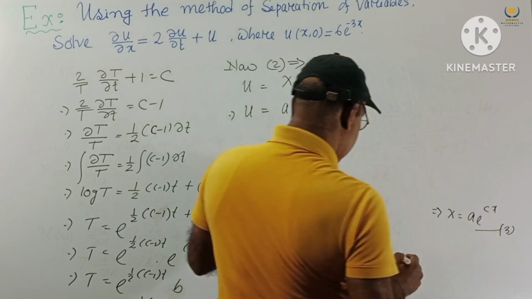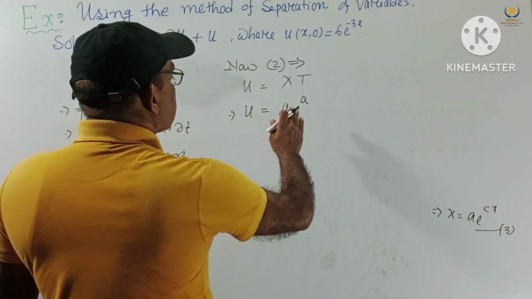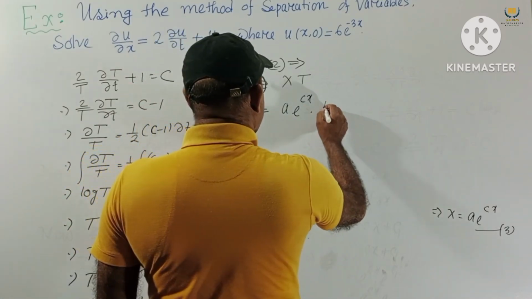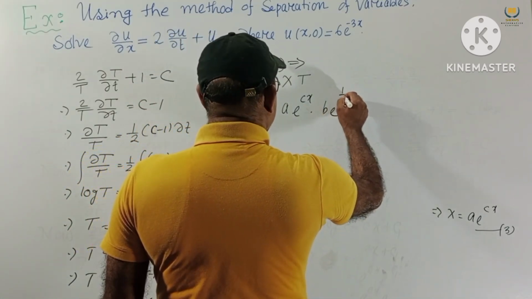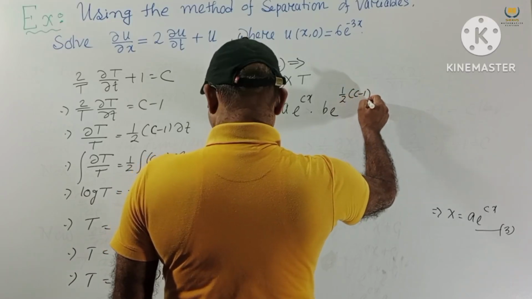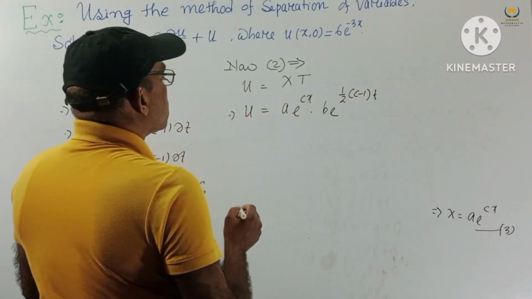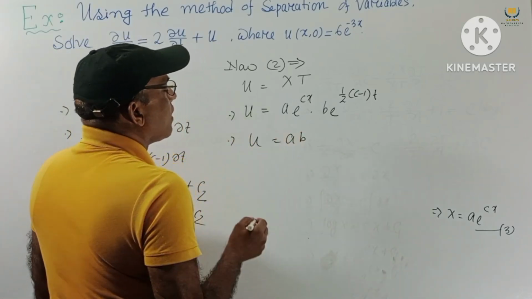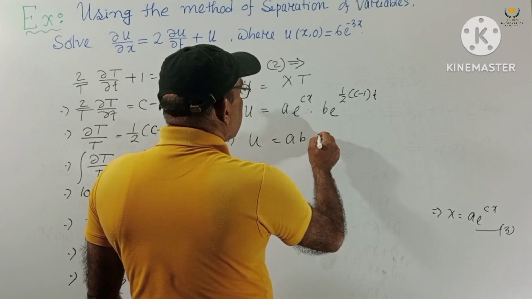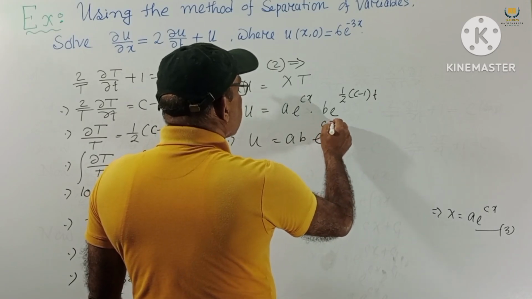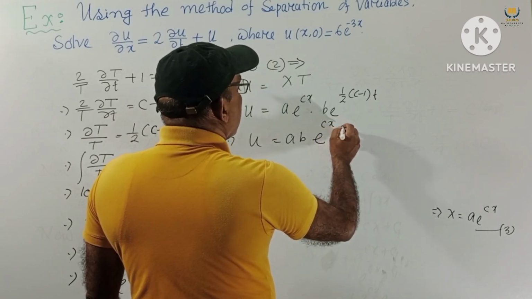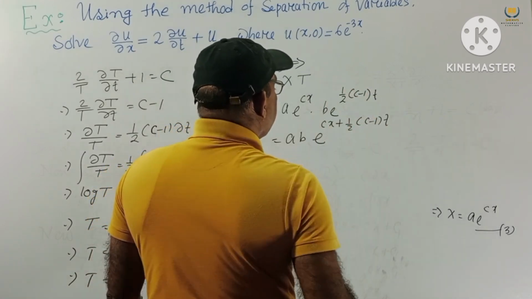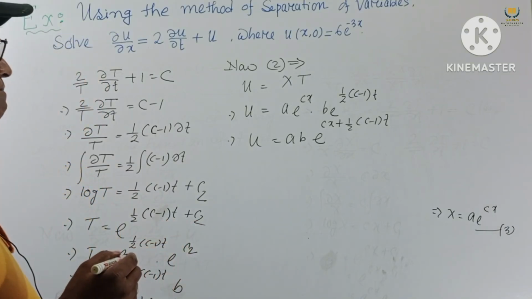This is cx, A e to the power cx and B e to the power (1/2)(c minus 1)t. So this implies u equal to AB, and this is e to the power cx plus (1/2)(c minus 1)t. We get this.